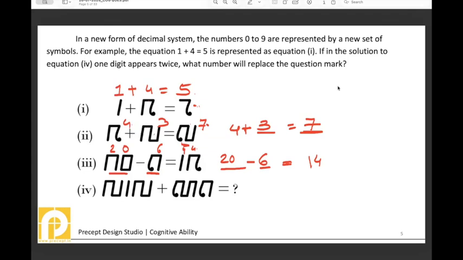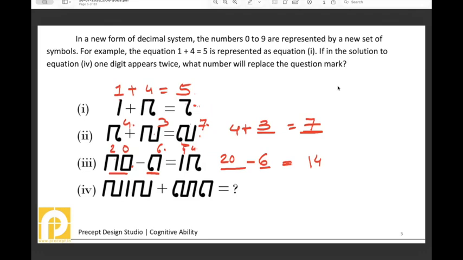Now, for the next equation question that is given here. So far we know the numbers from 0 to 7. We know 0, we know 1, we know 2, 3, 4, 5, 6 and 7. We don't know what 8 and 9 are, okay? We'll just write the numbers first.